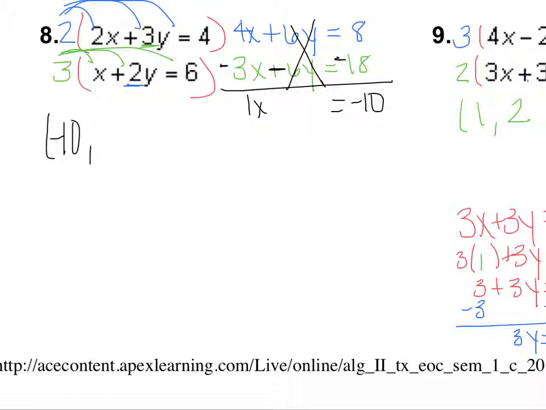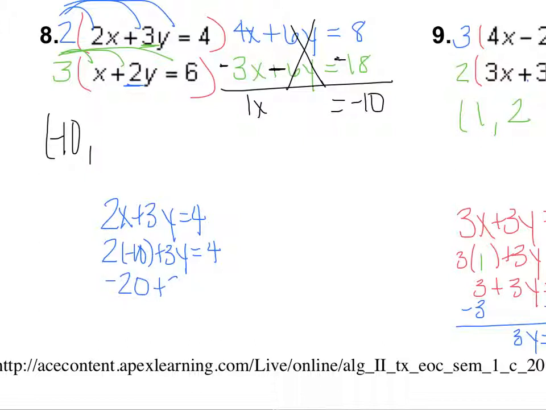So now I just have to find y. So I'm going to plug it into one of my equations. Doesn't matter which one you pick, so let's pick the first one. So 2x plus 3y equals 4. x is negative 10, so 2 times negative 10 plus 3y equals 4. 2 times negative 10 is negative 20 plus 3y equals 4.